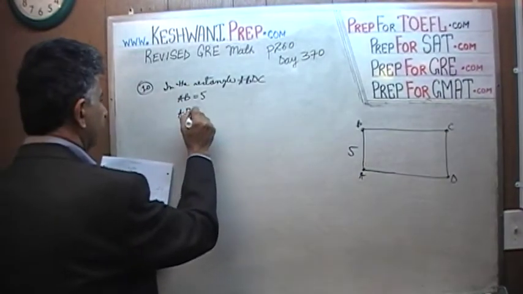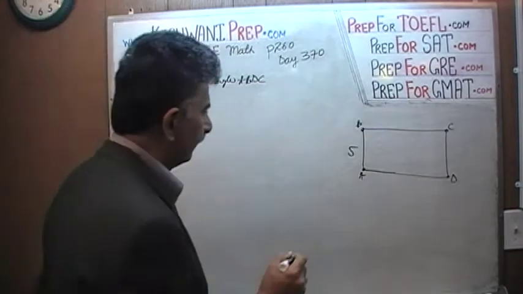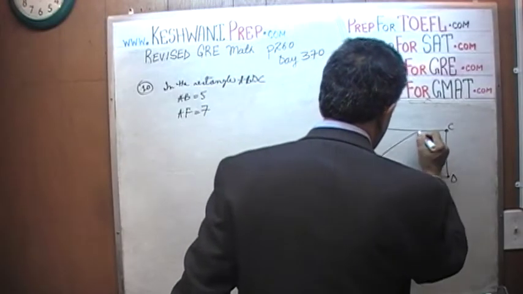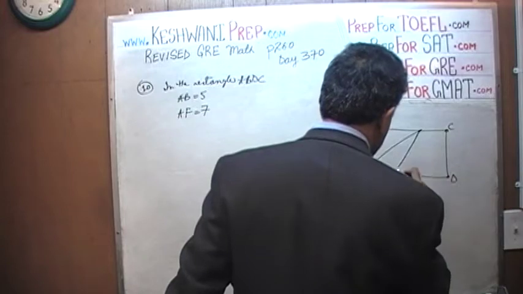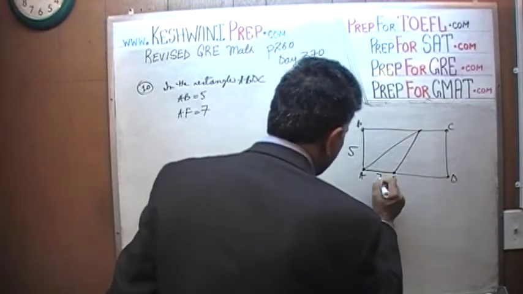A to F, we are told, is 7. And where is F located? F is somewhere here. We have a triangle like this. And here is our F. A to F, we are told, is 7.